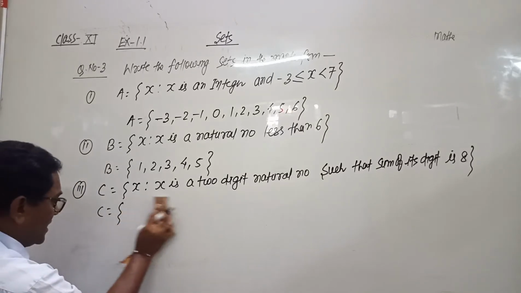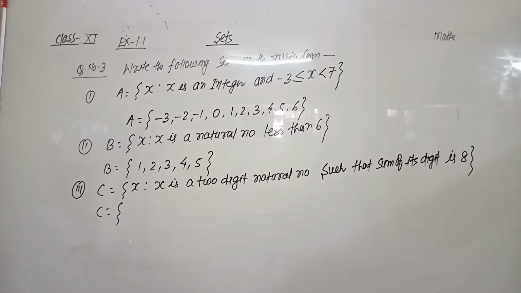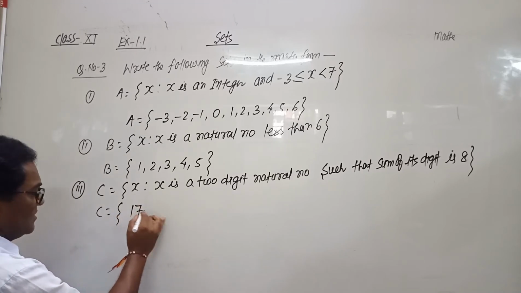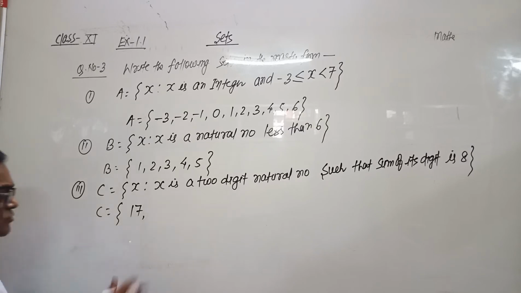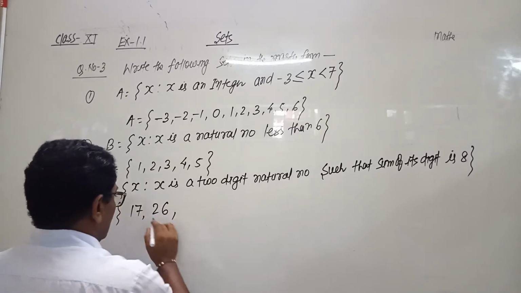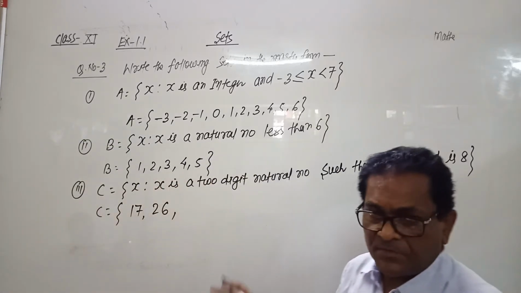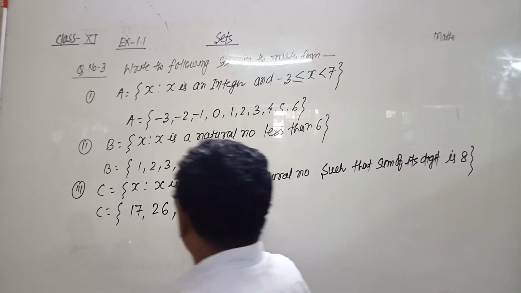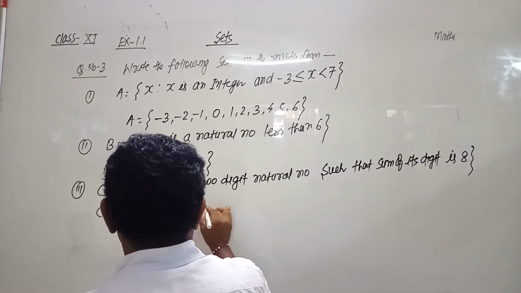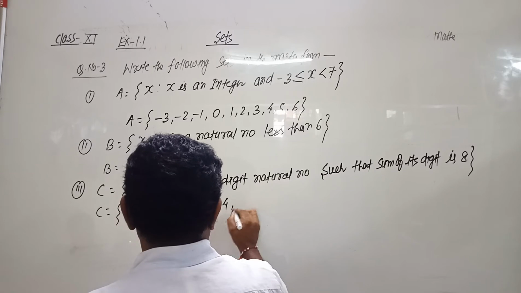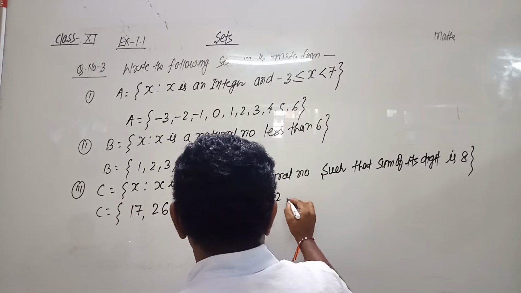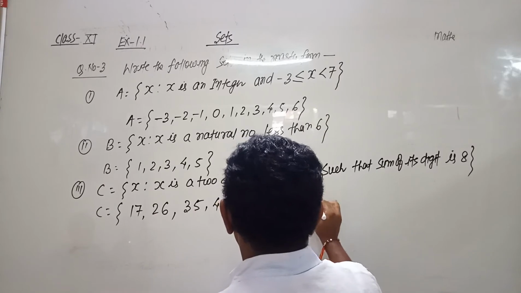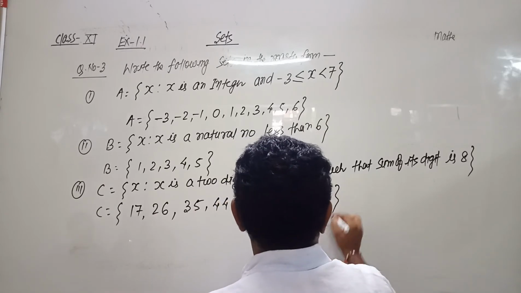But 17's sum is not 8. Then 26, the sum of 2 and 6, the sum of the digits is 8. Then 35, then 44, then 53, then 62, then 71, and then 80.